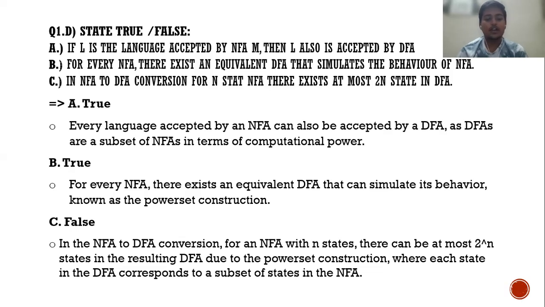This is false, as in the NFA to DFA conversion, for an NFA with n states, there can be at most 2 to the power n states in the resulting DFA due to power set construction.